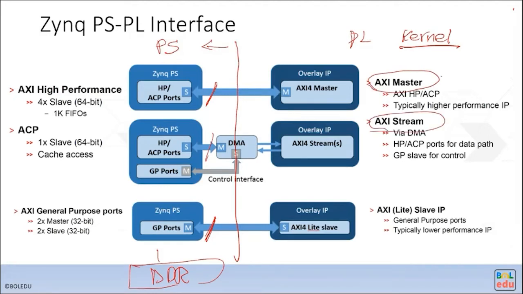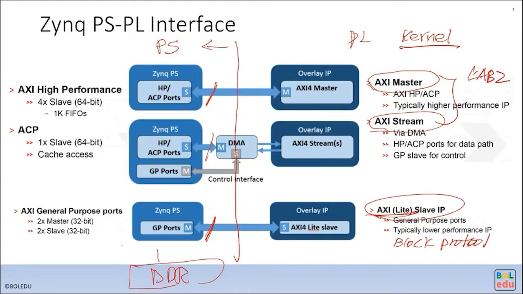Okay, we exercise those two in our Lab 2. For the general purpose port, which is for the PS processor to communicate with the kernel function, it maps to the AXI Lite. Okay, so AXI Lite is used for the block protocol.